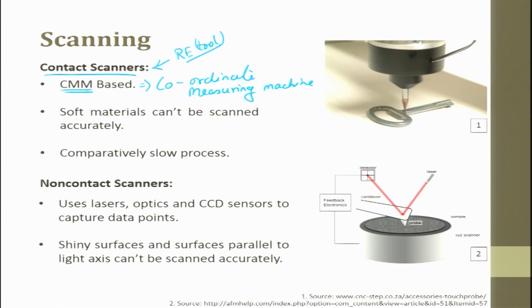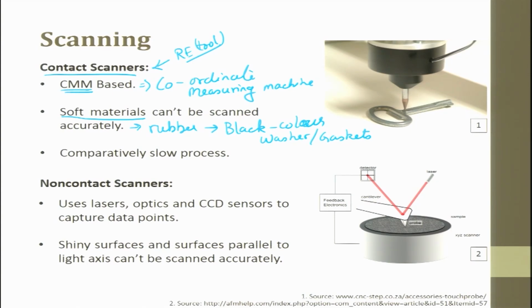Okay. The CMM cannot be used exhaustively on soft materials. For example, rubber. When you want to make black color washers or gaskets, which are used in pressure cookers, which are used for sealing two flat metal faces.